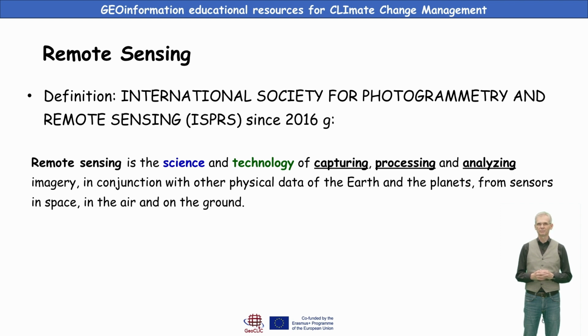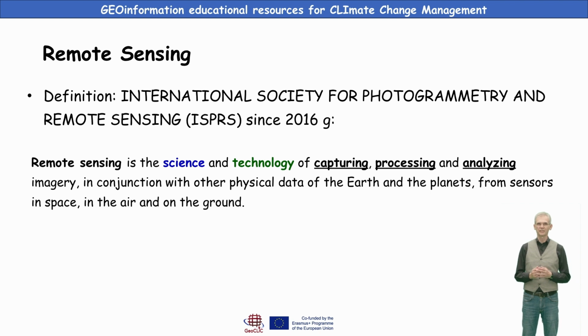On the other hand, remote sensing is defined as the science and technology of computing, processing, and analyzing imagery in conjunction with other physical data of the Earth and the planets, from sensors in space, in the air, and on the ground. Remote sensing focuses on the radiometric presentation of objects and the possibility of highlighting them in images.